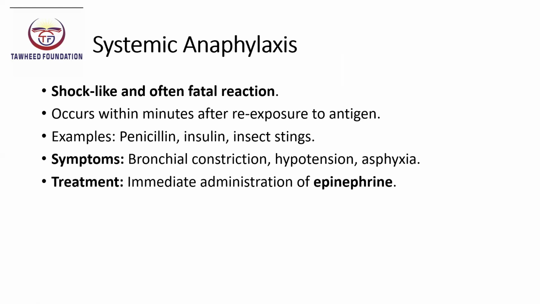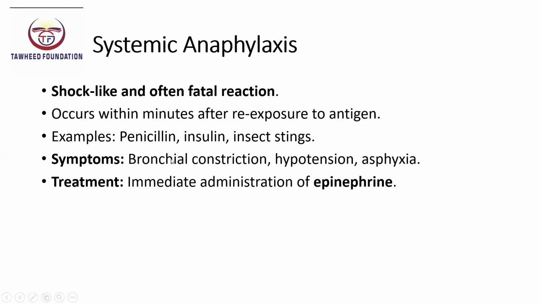Next is systemic anaphylaxis. Systemic anaphylaxis is a severe shock-like reaction that develops within minutes after exposure to an allergen in sensitized individuals. Common triggers include medications like penicillin, insulin, and insect stings.